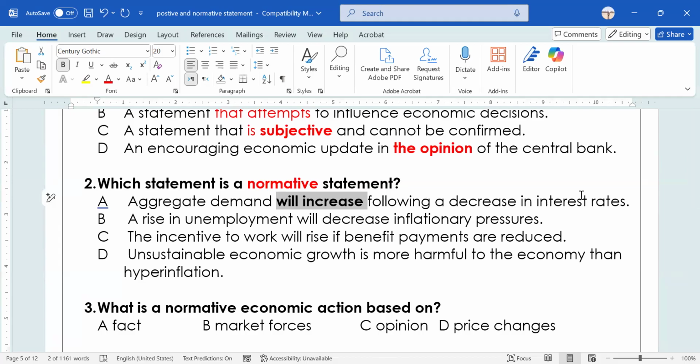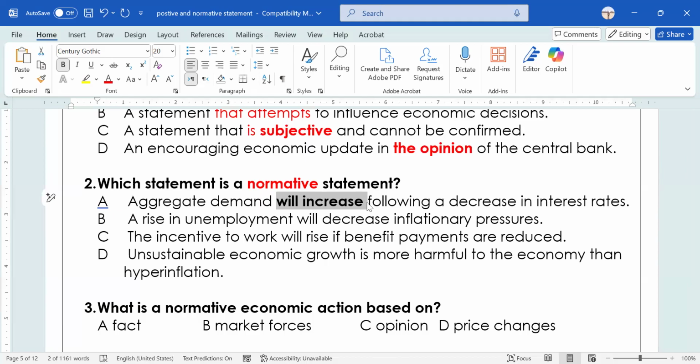If there is a cause and effect relationship, it means that it is a positive statement. And of course, aggregate demand is the total demand for goods and services in an economy, and it will increase. You have the words will increase. It means that it's a prediction, meaning to say that it's something we expect to happen.